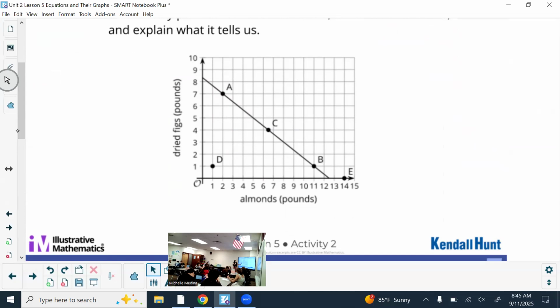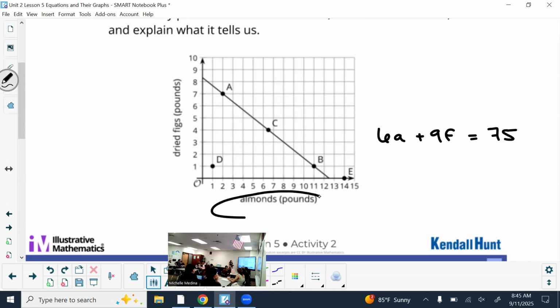In this situation, these both kind of depend on each other, but pay attention to how it's labeled, because sometimes when you graph it, you'll have to determine which one is independent, which one's dependent, or which one has to be the X. So on the X-axis, it has the almond, so I could switch this A for an X. On the Y-axis, it has the figs label, so I could change that F to a Y.